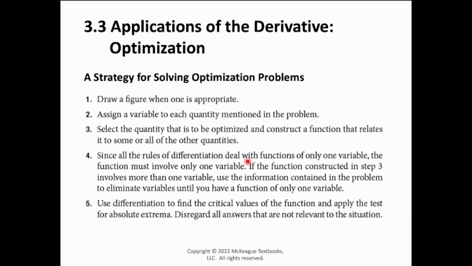Once you have your equation set up, then you want to take the derivative and then apply one of the derivative tests to that question. You also want to make sure in certain cases that you check for absolute maximums and absolute minimums.